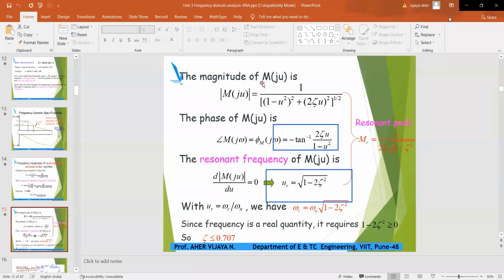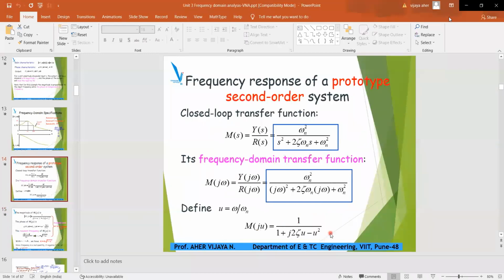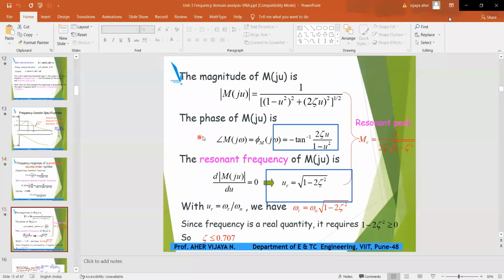The frequency domain transfer function with normalized frequency is denoted by letter mju. So the magnitude of mju is nothing but mod of mju. Take mod of this equation, and you will get 1 divided by under root of the square of the two terms added.